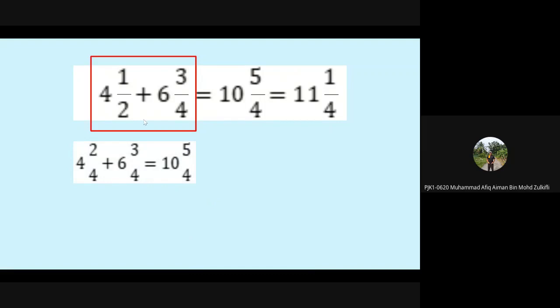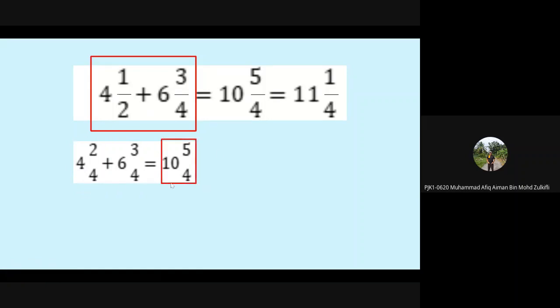Now, oh sorry, there is no fraction here. Okay. Now, I make the denominators the same here. So when we times 2, this 1/2 will become 2/4.